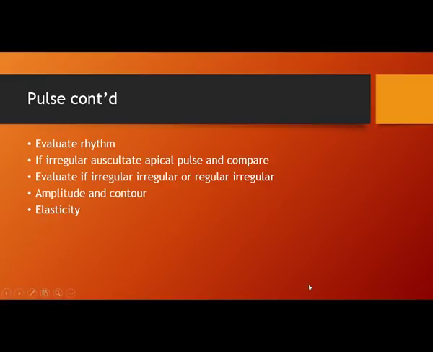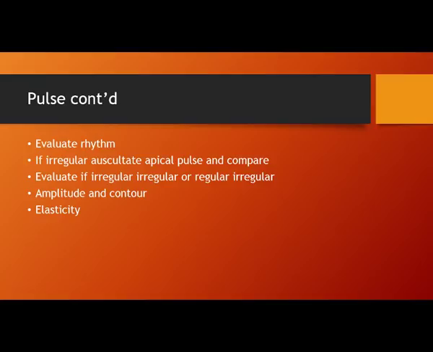As we said, the rhythm should be regular, and depending on how attuned you are to rhythms, it may be difficult to detect an irregularity. It may take some practice before you can really detect it. If you have an irregularity, it can be irregularly irregular or regularly irregular.